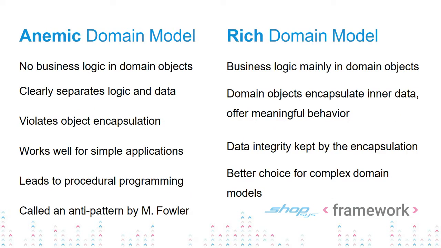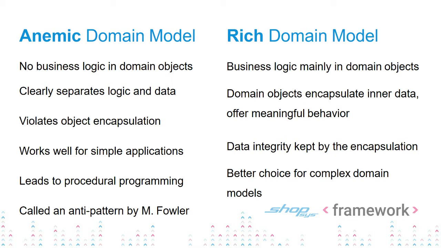So, let's look at anemic domain model and rich domain model. In an anemic model, there is no business logic in domain objects. All the domain objects are just getters and setters and some data. All the business logic is then in the service layer above it, and this approach clearly separates the logic from the data.